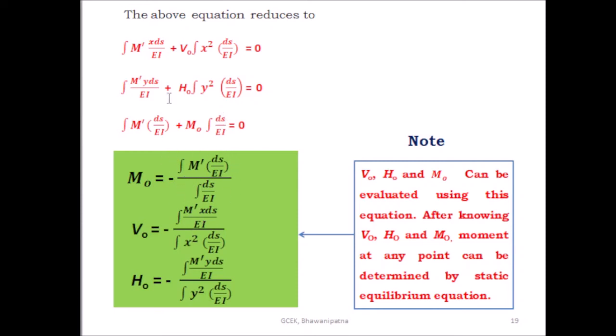Then HO you can find from this relation: HO is equal to minus integration m dash y ds by EI divided by integration y square ds by EI. So these are the moment, vertical force and horizontal force at the elastic center O, and VO, HO and MO can be evaluated using these equations.